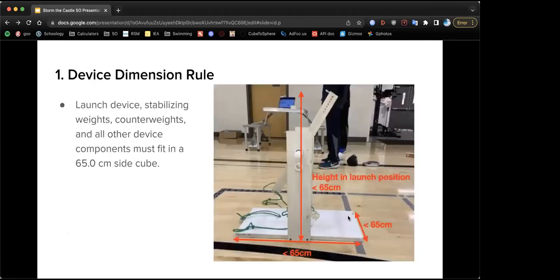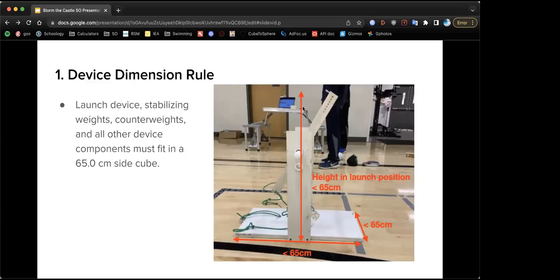All right, let's go over some event rules. One important rule is the device dimension rule. A lot of people get disqualified from this because their device is way too big and it will be counted as cheating.